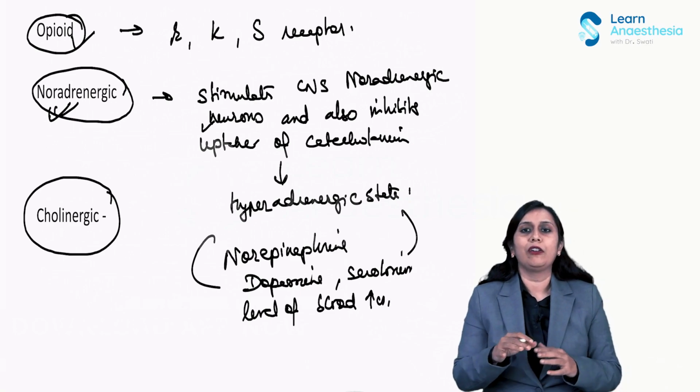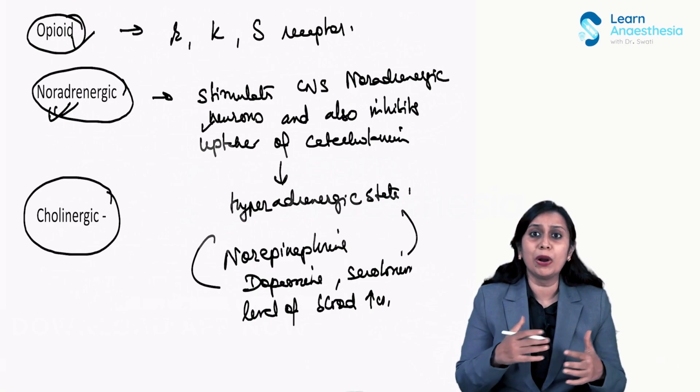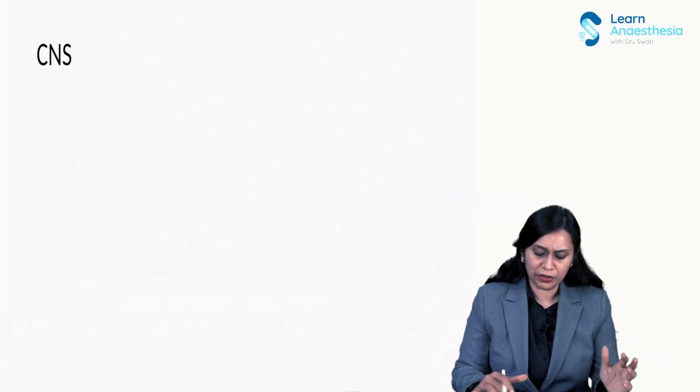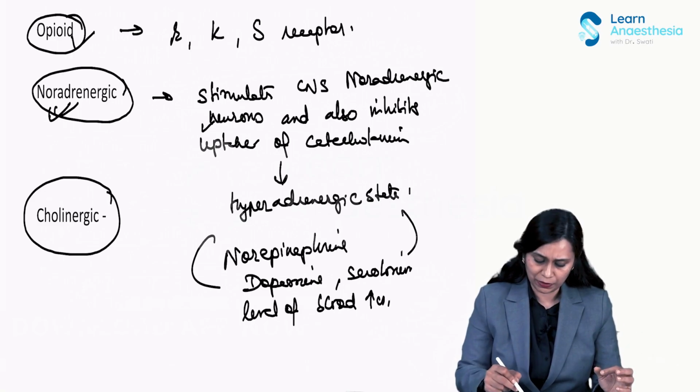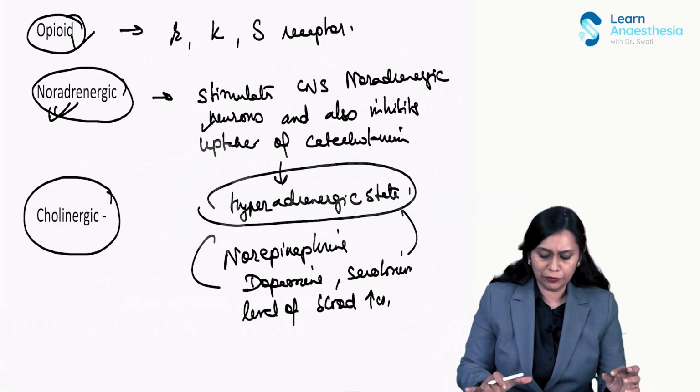Got it? So this is its mode of action through multiple receptors. Now, what is the effect of ketamine on different organ systems? Since it produces a hyperadrenergic state, it has a typical effect on different organ systems.